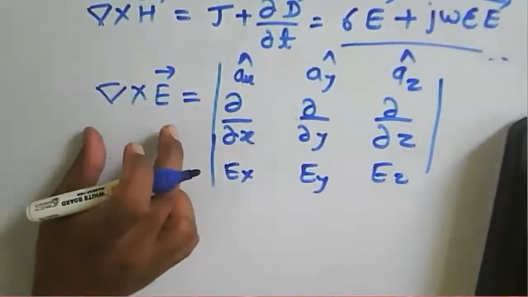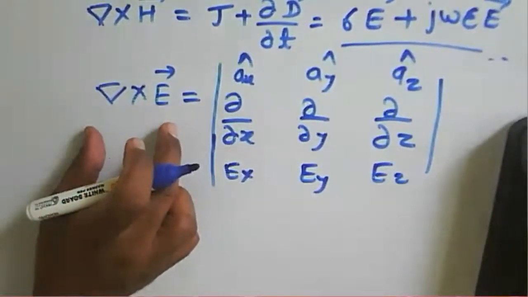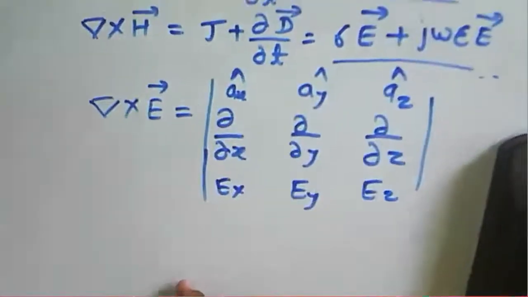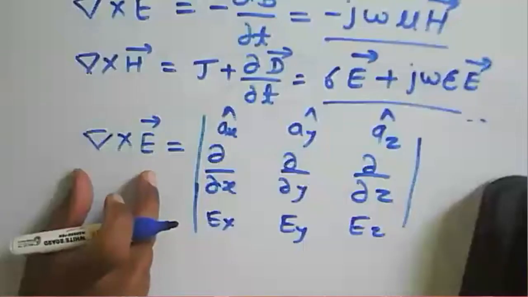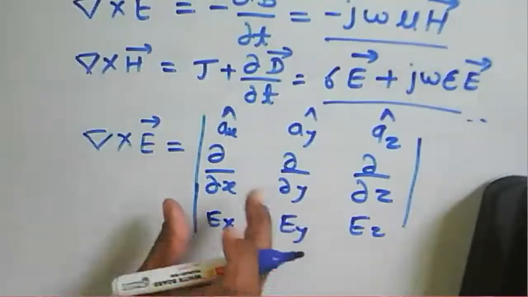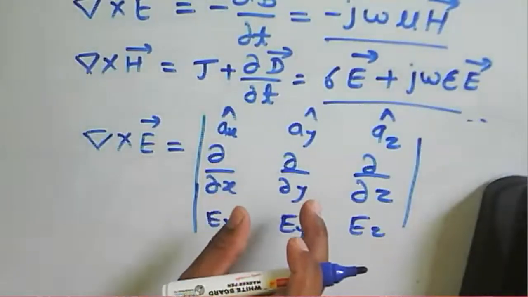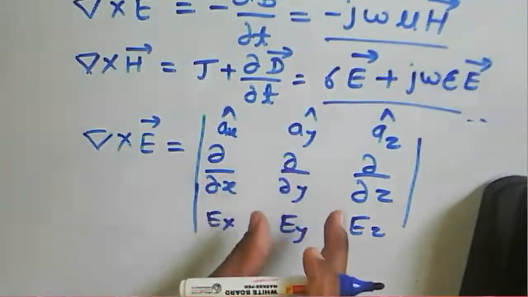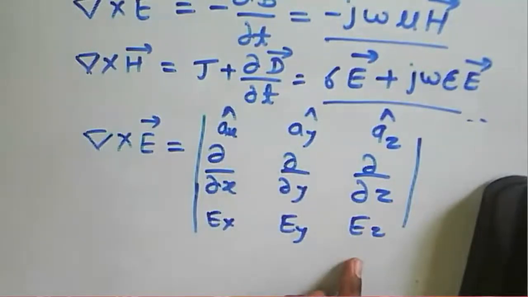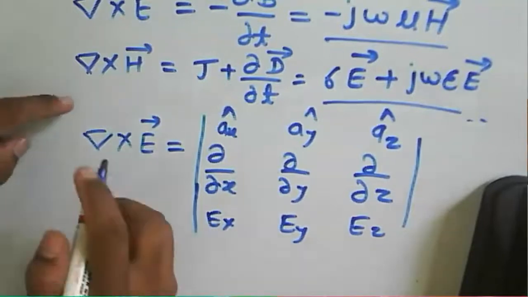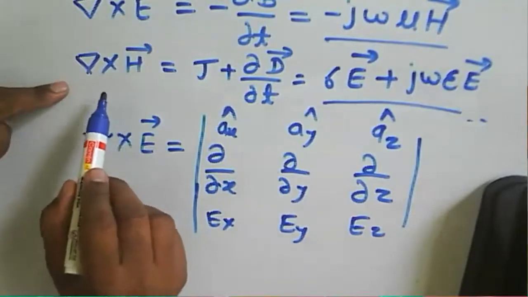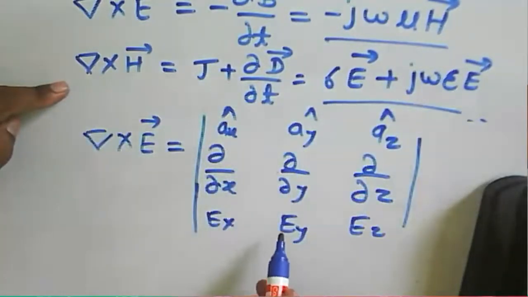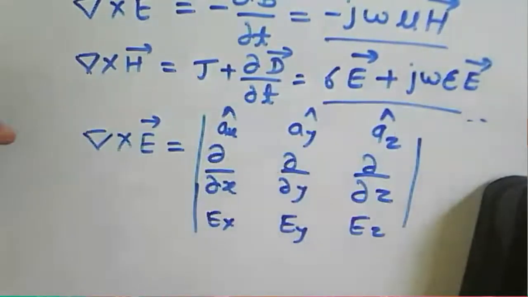Now if you solve this equation del cross E, we know that del cross E is equal to minus j omega mu H. If you put that minus j omega mu H here and solve for the different components, we'll get the equations in terms of the electric field components Ex, Ey, Ez. Similarly, if you solve with del cross H, then we'll get the components in terms of the magnetic field.